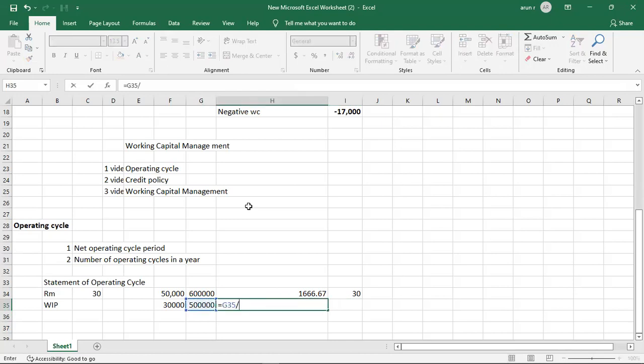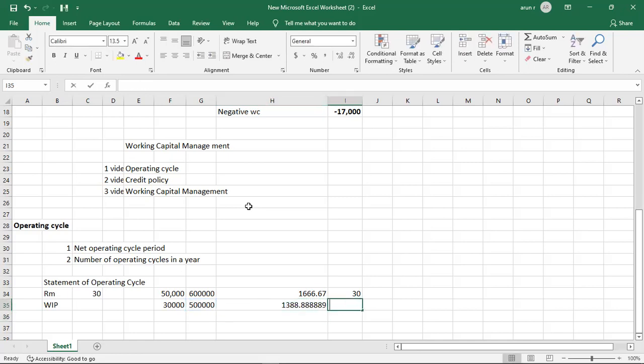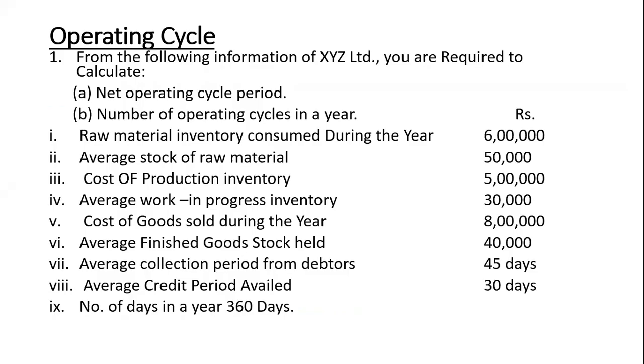Equal to 5 lakh divided by 360, because we calculated per day, and we divided 30,000 by 21.6. We take it as 22. Then finished goods, 45 days. Sorry, finished goods is 8,40,000. 8 lakh is the cost of goods sold, and average finished goods held is 40,000.